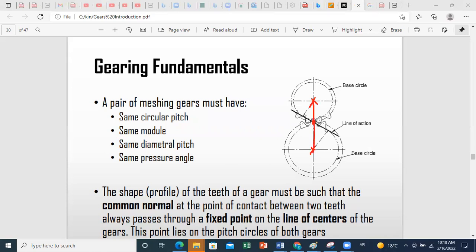We'll see that the location of this point is always fixed on this line. The design of the involute is done in a certain way to always have this contact point lying in the same location on the line of centers, which will define what we call the pitch circles for each of our gears.